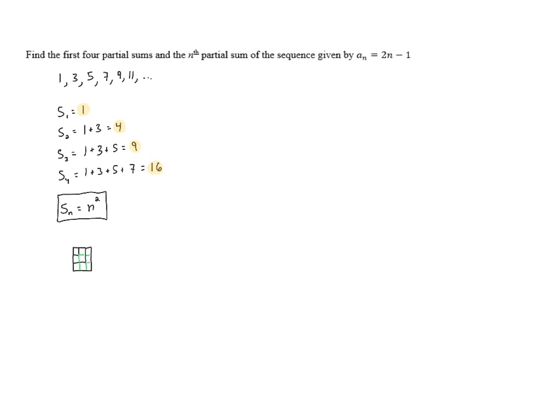And then after that, we can add 7 by adding another row and another column. And so you can see how the perfect squares are actually the sums of the odd numbers.